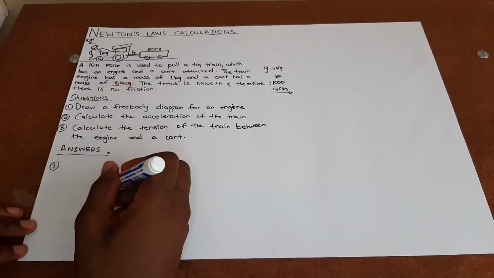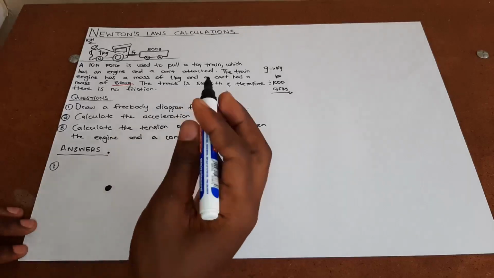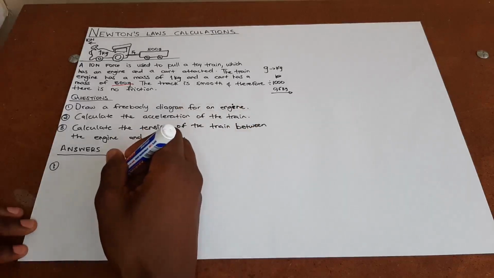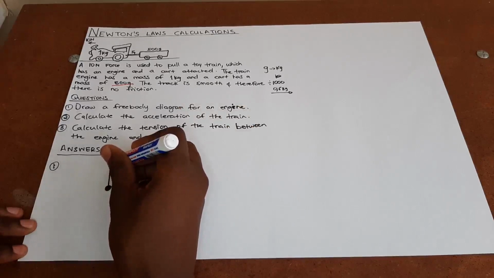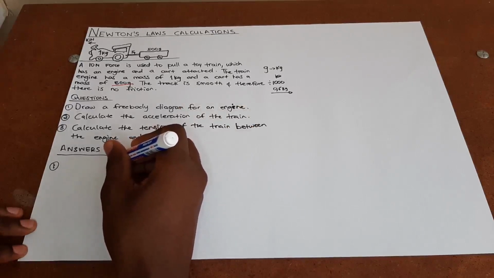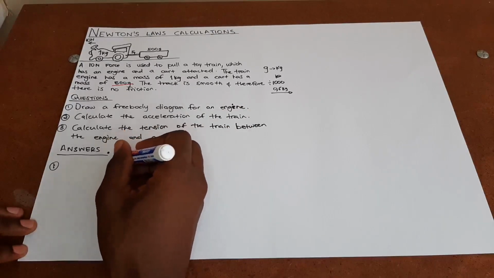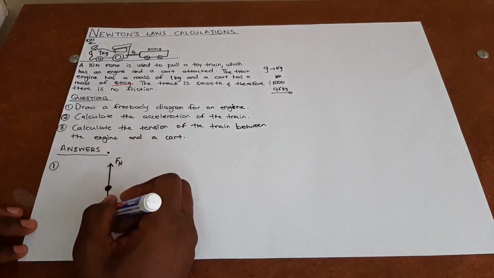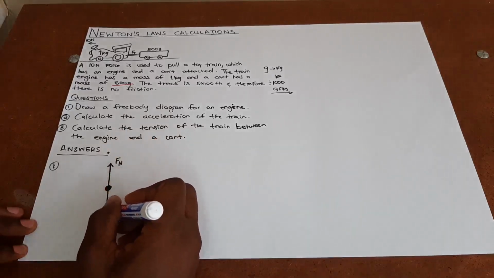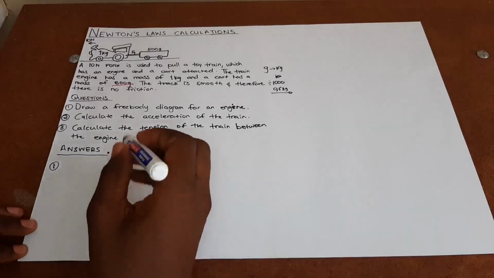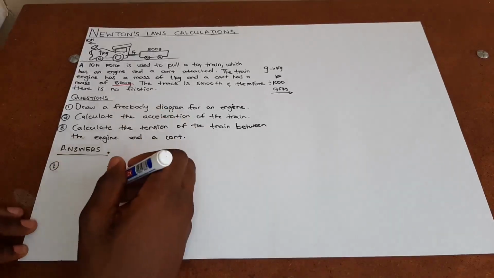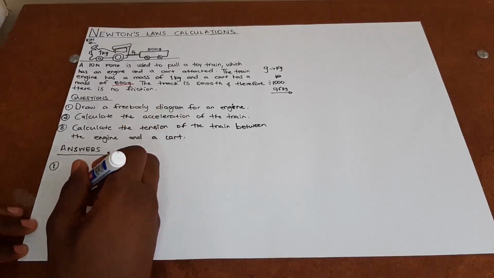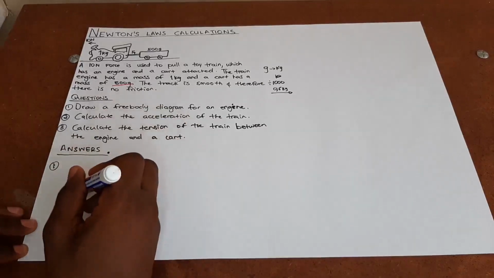There are forces applied, as you can see. First of all, it's on the surface, so there's a normal force acting on it upwards, and also you have a gravitational force, your Fg. You can see that there's an applied force from the engine, 10 newtons.